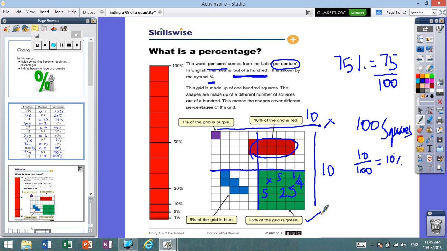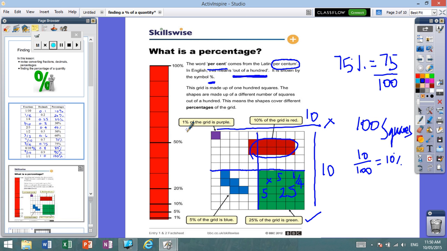Here they've just coloured in 5 squares in blue, and 5 squares out of 100 gives us 5%. And then we have our one purple square here. 1 out of 100 squares gives us 1%.